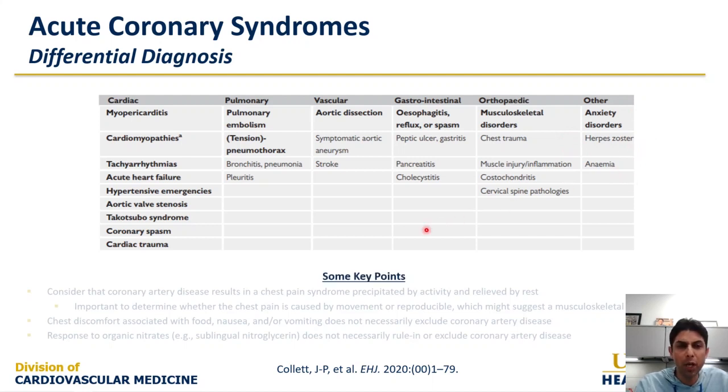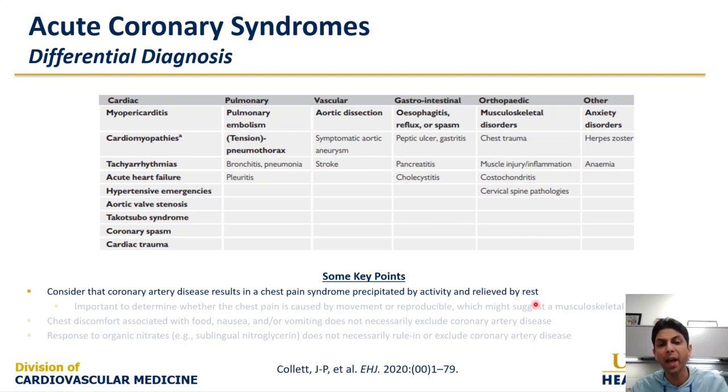And so some key points when we think about a differential diagnosis. We want to consider that coronary artery disease results in a chest pain syndrome precipitated by activity and relieved by rest. So when we're questioning a patient in the emergency room, when we're considering an acute coronary syndrome, we want to ask questions about whether the patient has or had chest pain that is precipitated by activity and relieved by rest.